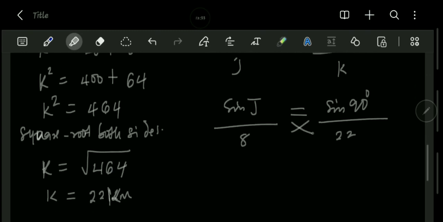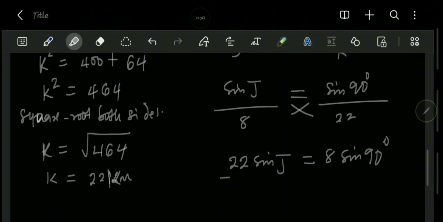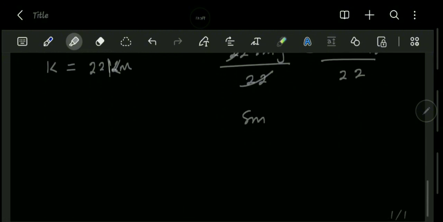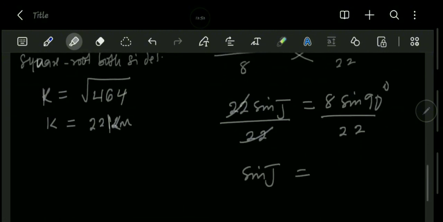So when you cross multiply, I have 22 sine j is equal to 8 sine 90 degrees. Now if I divide both sides by 22, this cancels out, so sine j should be equal to, now notice that sine 90 is 1, so 8 times 1 is 8, so 8 over 22.